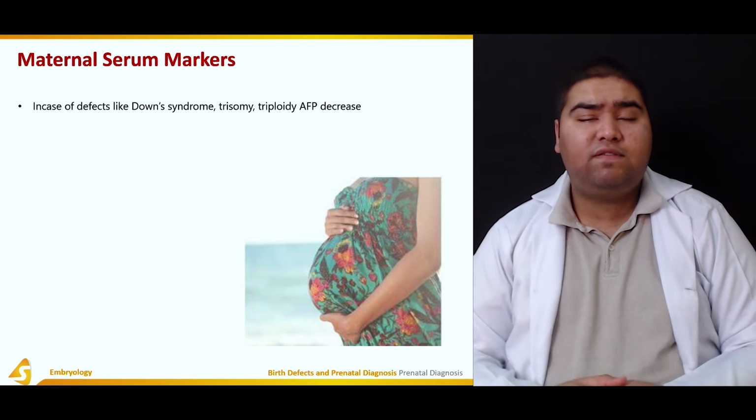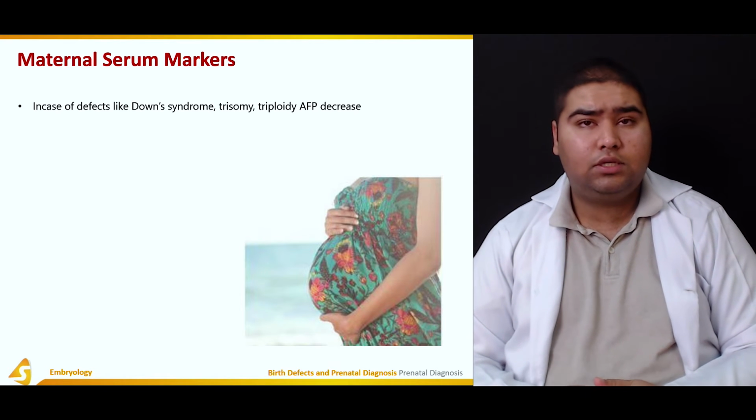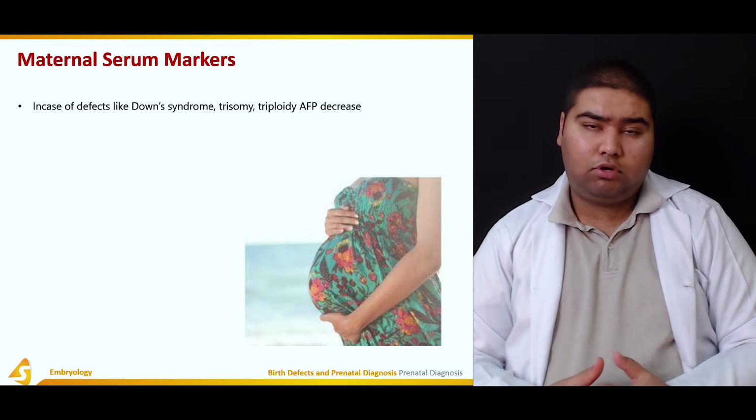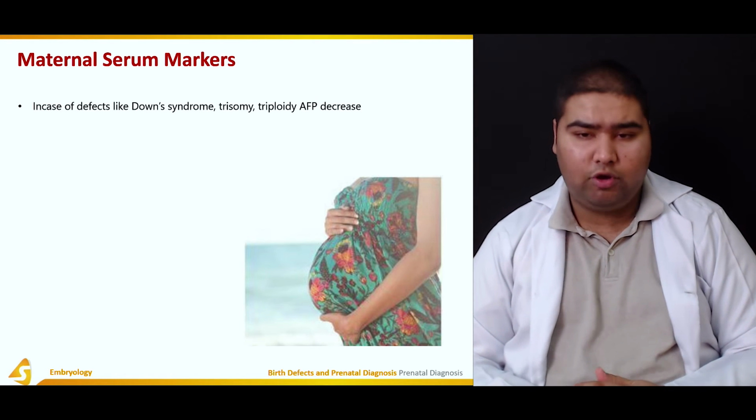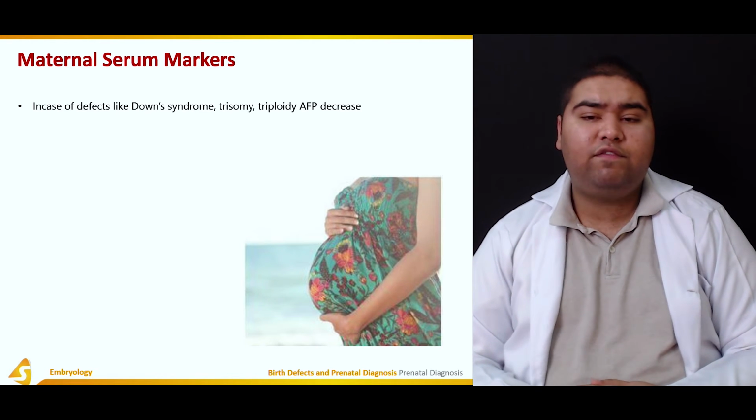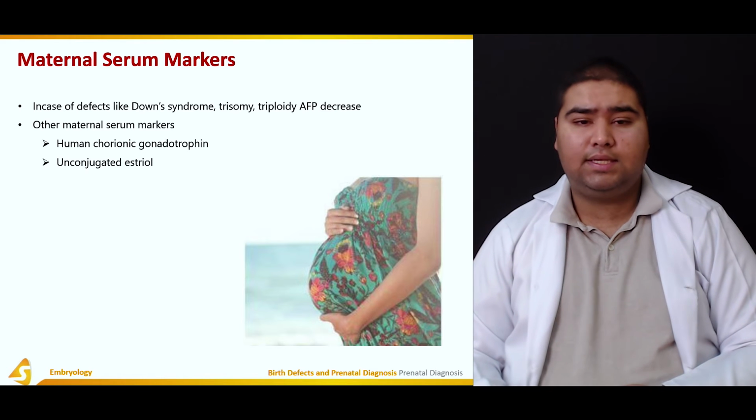In defects like Down syndrome, which is commonly seen, trisomies, or triploidy, alpha fetoprotein usually decreases.